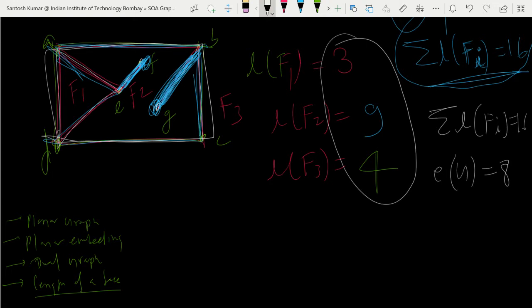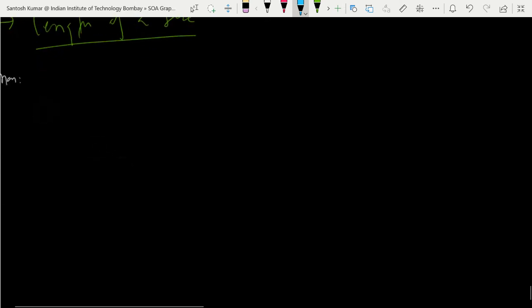How many edges do you see? 8, right? Am I correct? Yes, sir. So again you can notice that twice the number of edges will be equal to the sum of the lengths of the fi's. So this is a result.